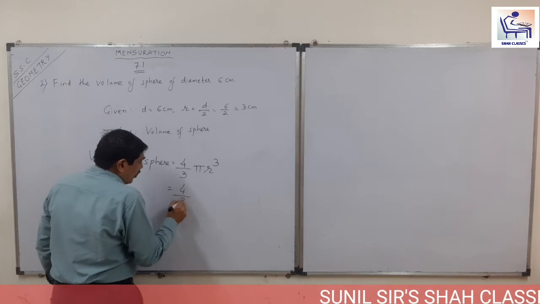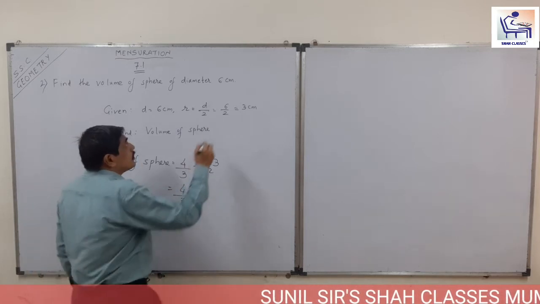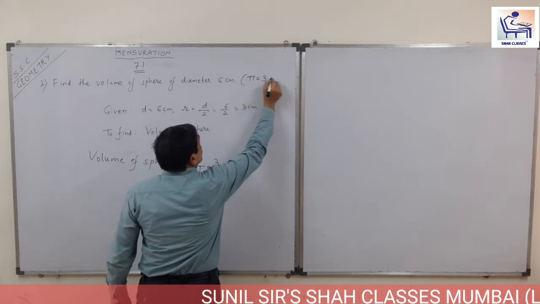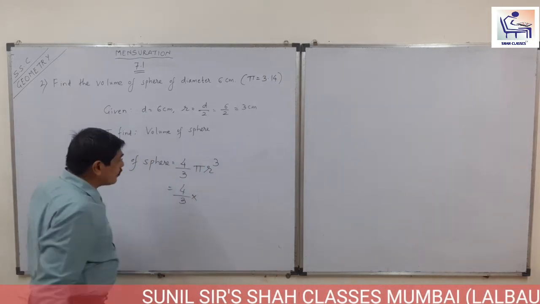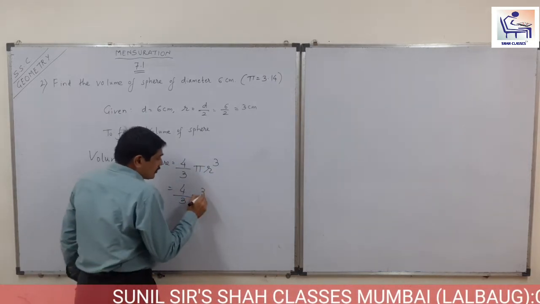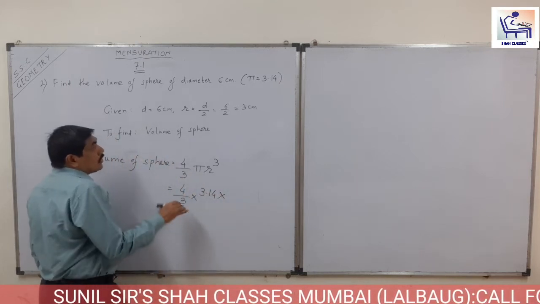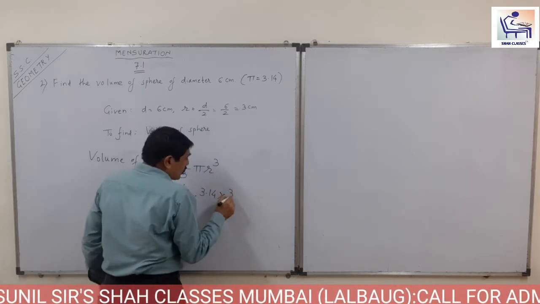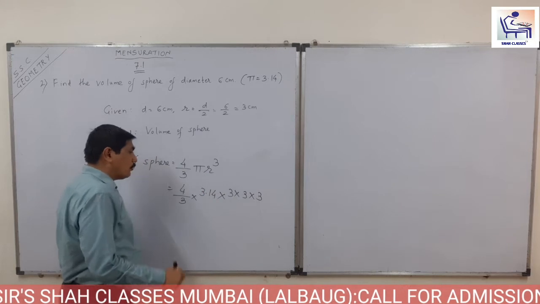Now, in this sum, one more thing I have to explain to you. Please take the value of pi as 3.14 as a correction. What is the value of pi here? 3.14, we have to take that value. Now what is the radius? Radius is 3, so 3 times I will write 3, because it is a cube.